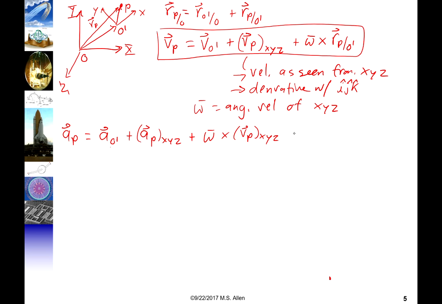And now we need the derivative of the last term. So we need omega dot cross r_P/O', and then the derivative of that second part. And the derivative of that second part is what gave us both of these terms. So we can write the derivative of the second part as just V_P relative to xyz plus omega cross r_P with respect to O'.